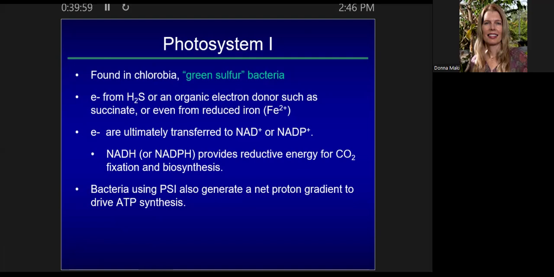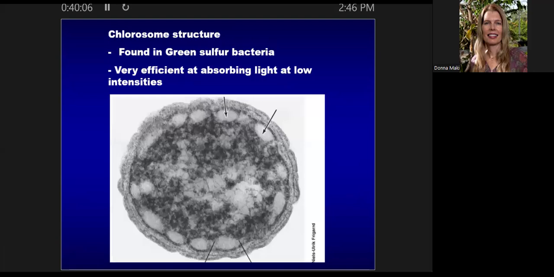All right, so photosystem 1, the green sulfur. When they looked inside the green sulfur, once again, they found very special membrane systems inside. It's called the chlorosome structure. The arrows are pointing to many of them pressing up against the cell membrane. Those are extra membrane material, and there are pigments in there that are really good at absorbing really low quality, dim light.